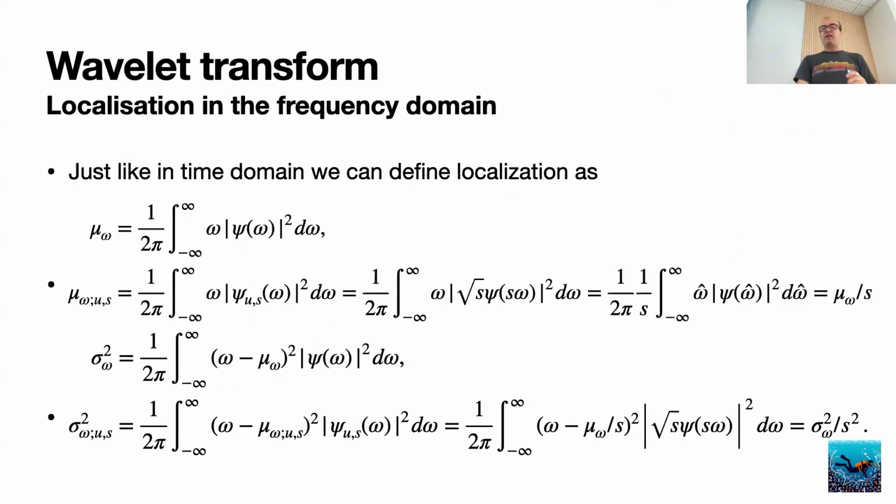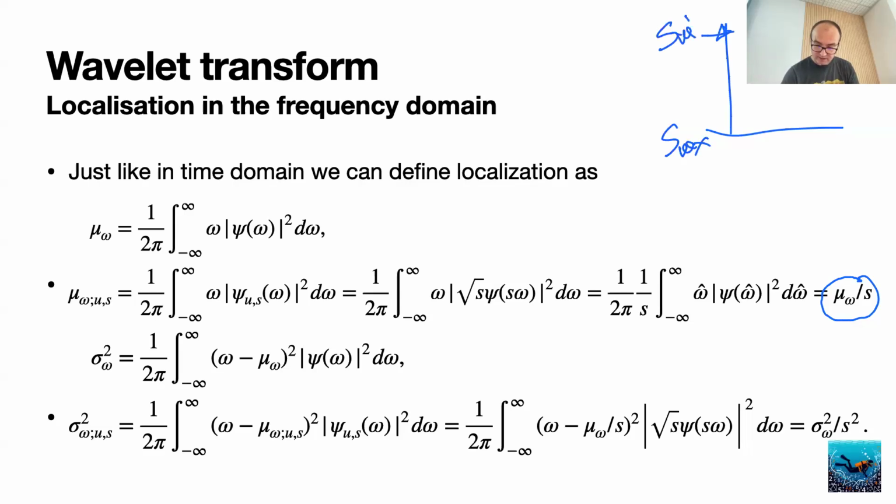Okay, so these are the final relations. So we say in the frequency domain, the spread is inverse to the scale, as we saw. As we go up, this is S maximum, this is S minimum, and the spread here is big, the spread here is small, because it is inverse, and so on.